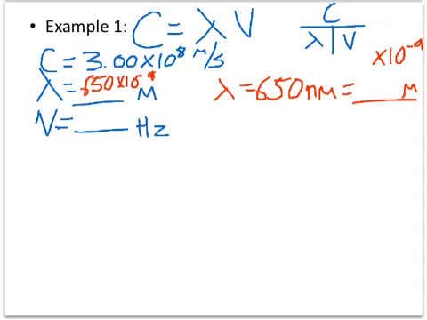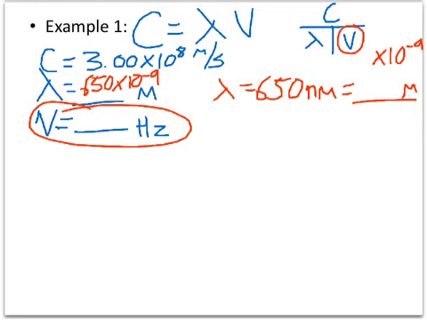Let me clean that up a little bit. Times 10 to the negative 9th. So 650 times 10 to the negative 9th, and it says calculate the frequency. So I'm trying to solve for frequency. If I look up at the top here, if I want to solve for frequency, I've got to divide the speed of light by the wavelength.